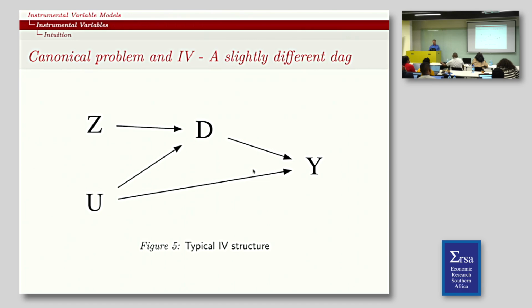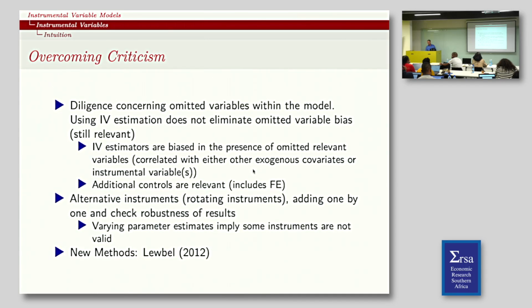Yes? My question is, is there a limit of how many IVs you need in your equation? A limit to how many you need. Okay, so the simple answer is that you should have an instrument for every endogenous variable you have. If you have more than that, great.